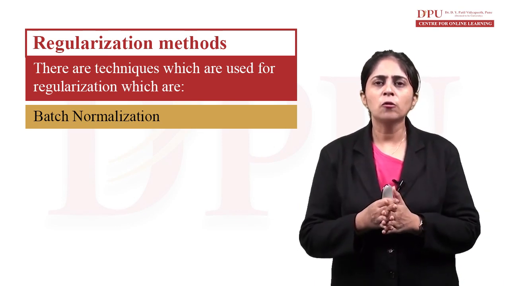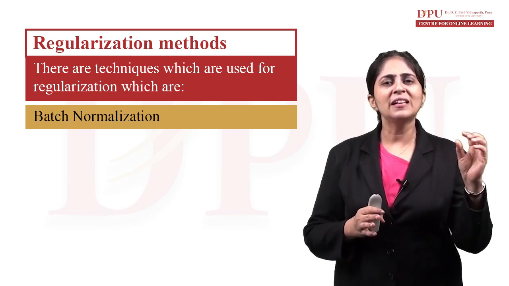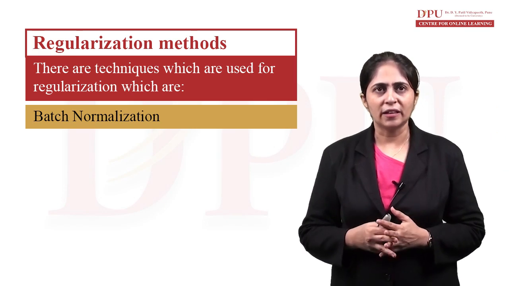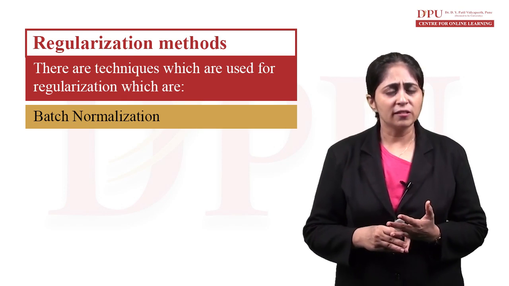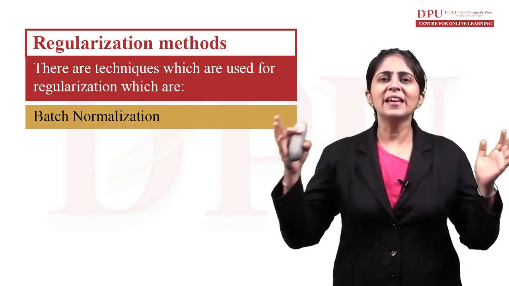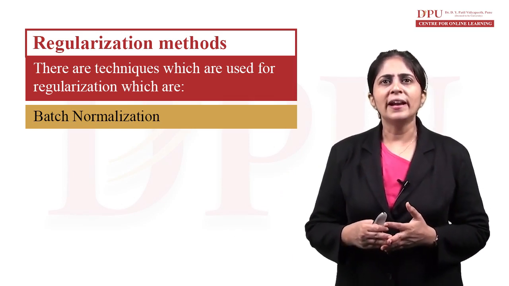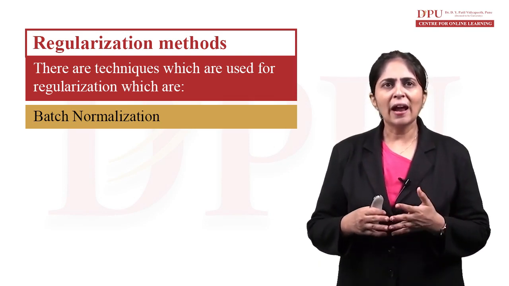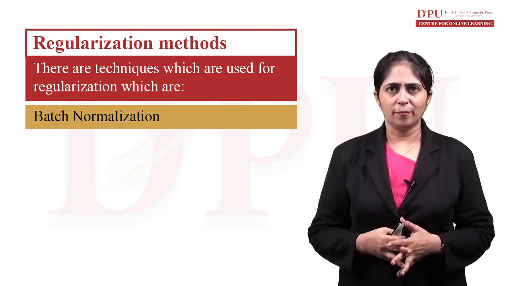Batch means we are taking a small number of samples from our data. At every layer we are adding noise, which has a non-zero mean and non-unit variance, and it is generated for every layer.